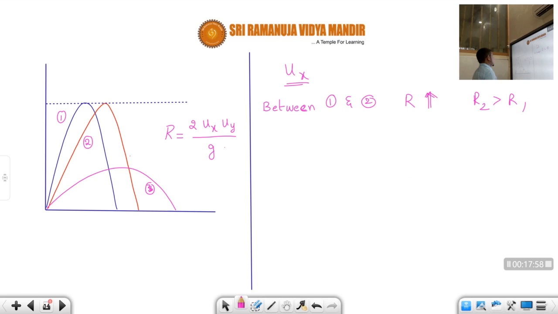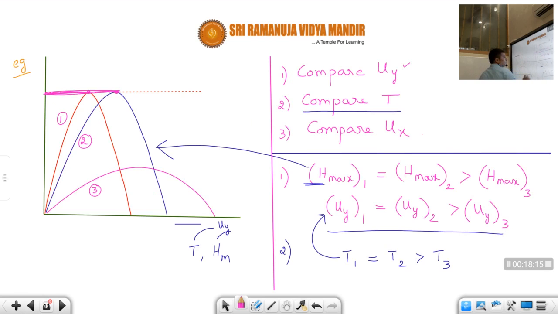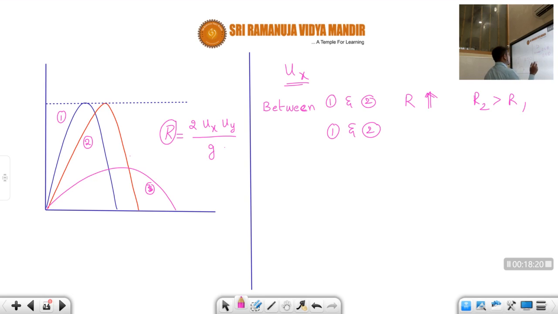Now between 1 and 2, range is more for the second one. Regarding the Uy component, both are having the same. Uy for 1 and Uy for 2 is same, so right now we don't discuss this one. But now range 2 is more, which means Ux is also more.